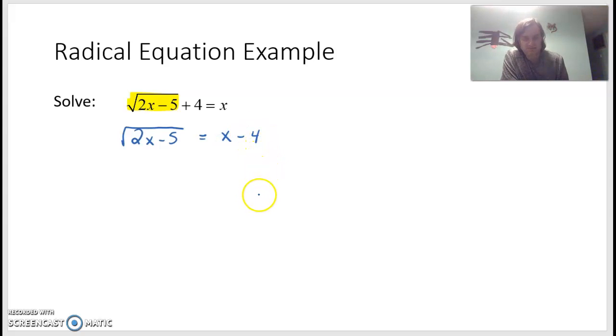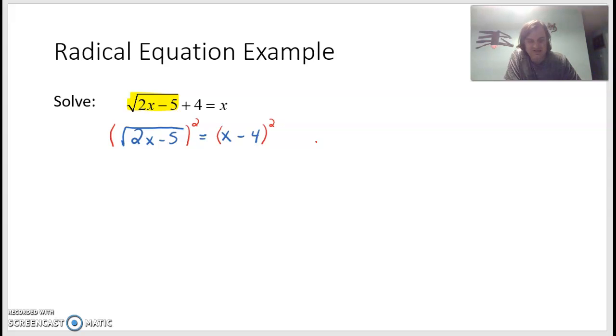I want to get that root by itself, because the next step is, because it's a square root, square both sides. I have to do both sides to keep it equal. Remember, I could add the same thing to both sides, multiply both sides by the same thing. So I can also square both sides and keep the equation equal.